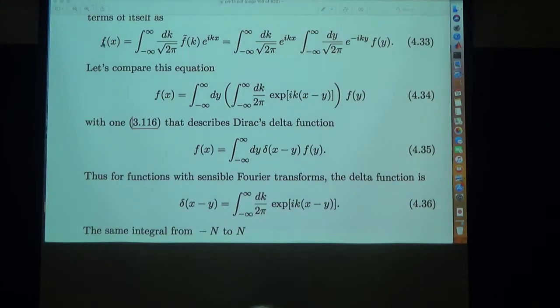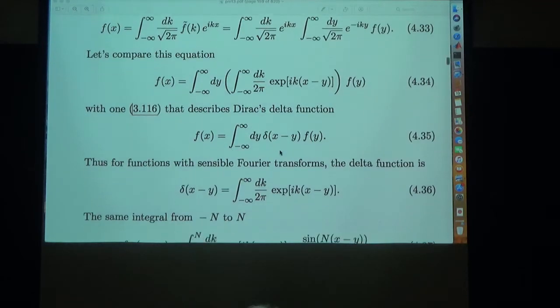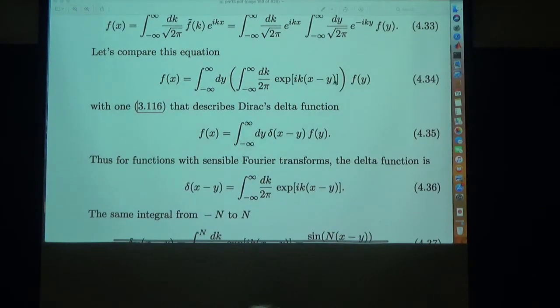Anyway, so if we write our function as a Fourier transform, and then we write the Fourier transform as an integral of the function, and then rewrite that double integral this way, and then compare that with the expression for the function in terms of itself via a Dirac delta function, we realize that this thing in parentheses is a representation of Dirac's delta function.